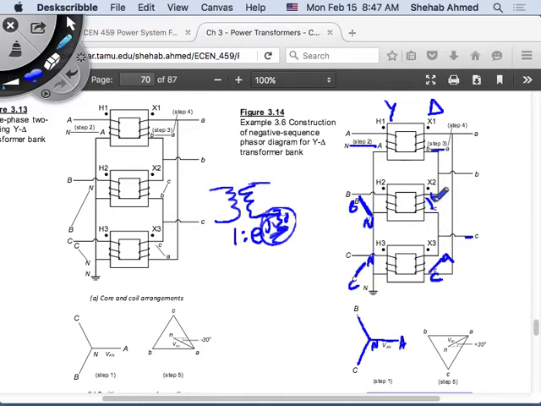This winding is between terminals B and C. So C is here. Same thing here. A is towards the dot, or towards the winding. Sorry, A is here.